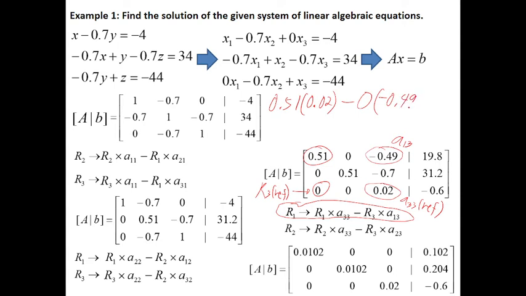Pareho pa rin ang lalabas, napagbaligtad ko lang. So, 0.51 times 0.02 is 0.0102. Nakuha yan, 0.0102.